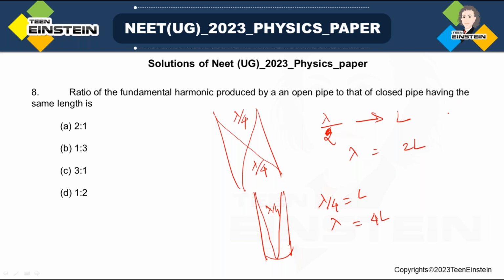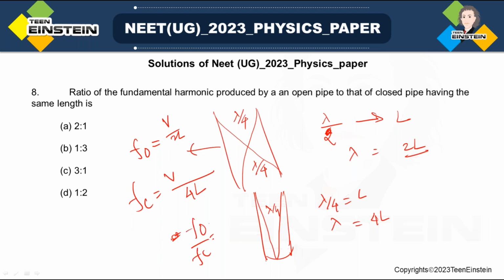Okay. So in this case, open case fundamental frequency, suppose FO, where V is the speed of sound in air, is V by 2L, and in the other case V by lambda is V by 4L. So if we take the ratio, 4 will go up, right? FO is to FC.